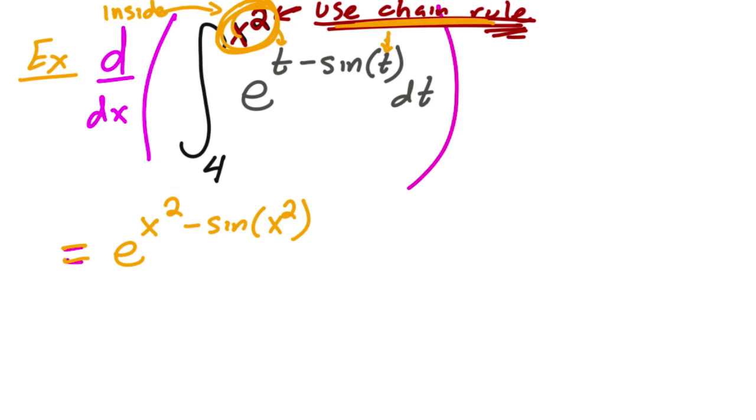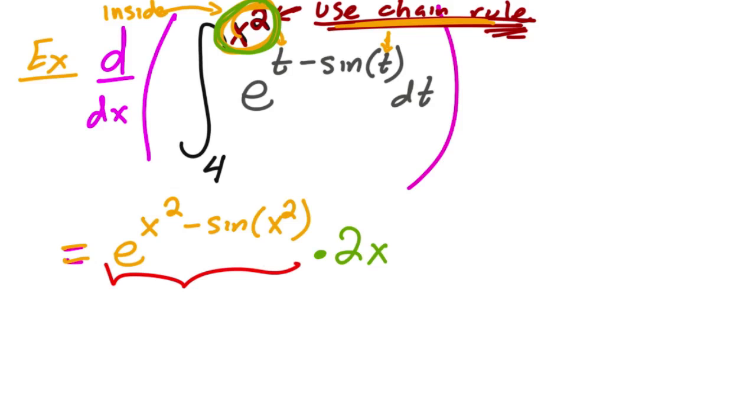Okay, now that's the derivative of the outside, and then notice you're leaving the inside alone. This x squared, that's the inside. And so then after that, you're going to multiply by the derivative of the inside, which is simply 2x.